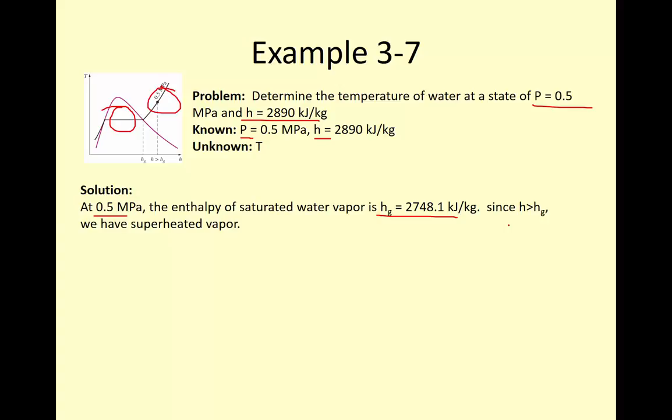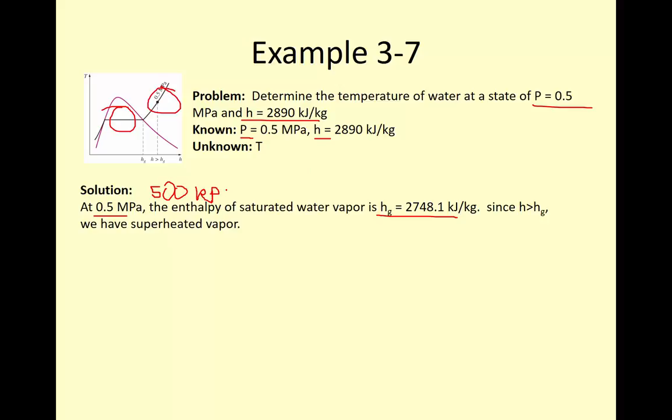2748.1 kilojoules per kilogram. If we go to water table A5 and look at the saturation enthalpy at 0.5 megapascals, we would see that it's 2748.1. 0.5 megapascals is equal to 500 kilopascals.